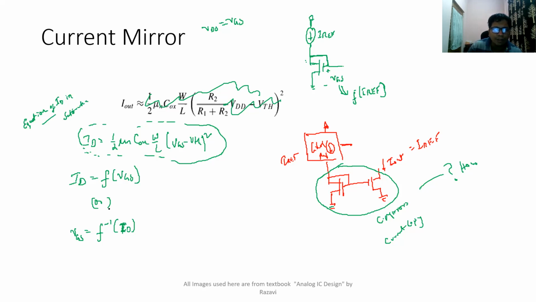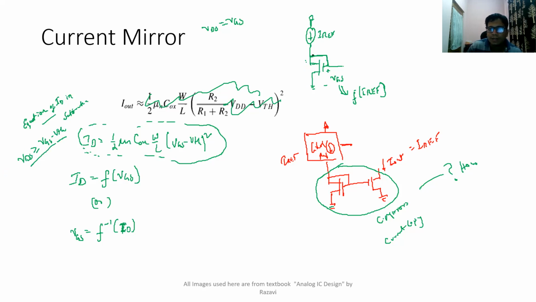So whatever discussion we have done here is valid only if you assume the transistor is in saturation. And when will the transistor be in saturation? The condition is VDS should be greater than or equal to VGS minus VTH. This condition needs to be satisfied.